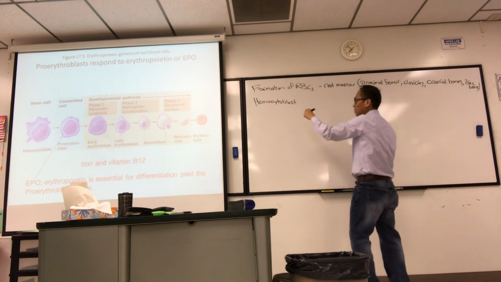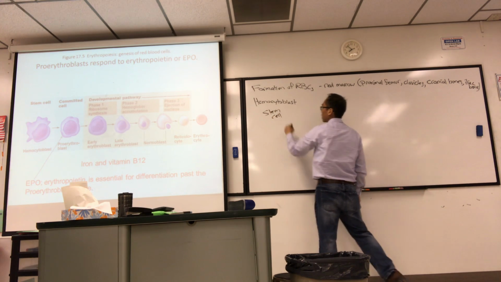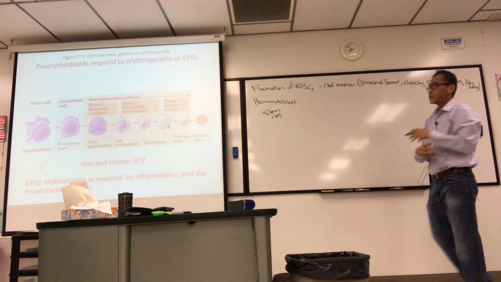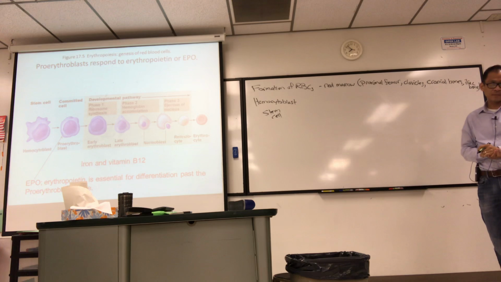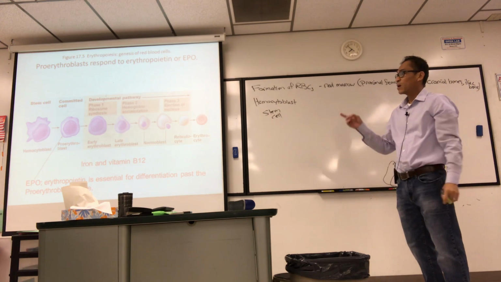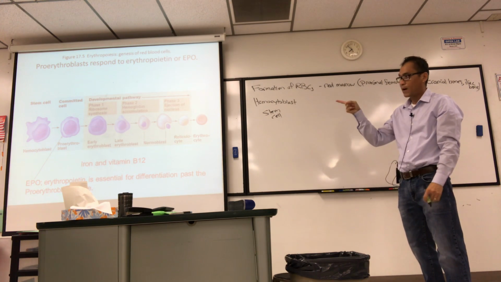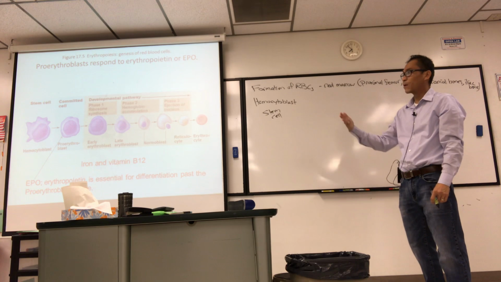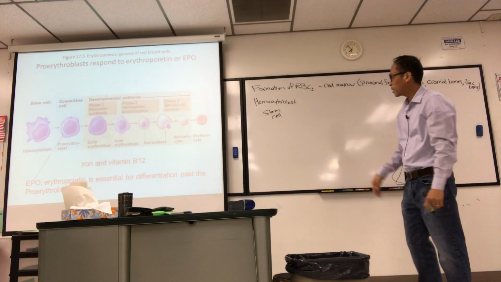A stem cell is a cell that has potential to become a different kind of cell depending on how it's stimulated. You set it on a different pathway. So a committed cell, a proerythroblast, is targeted by EPO, which is a hormone that'll send it along the pathway to become a red blood cell.